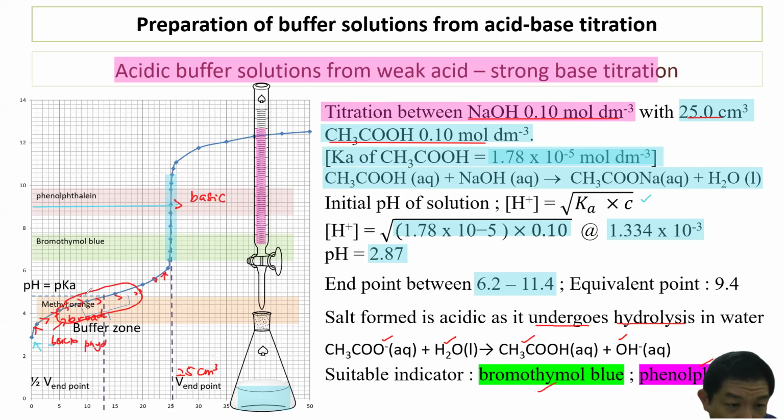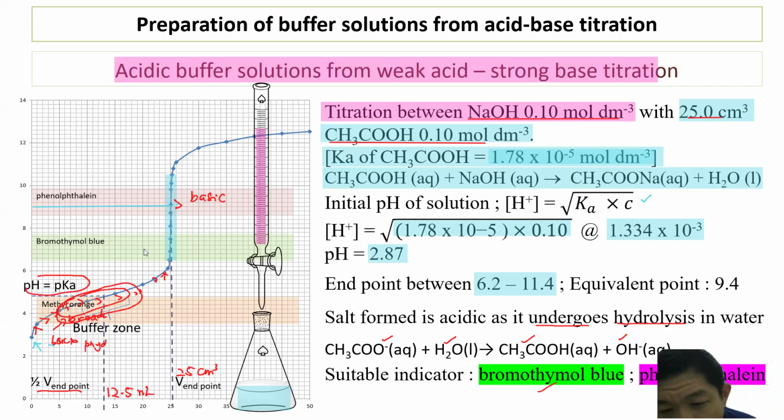So this is the buffer zone. It takes half of the endpoint volume for the titration. That means it takes 12.5 milliliters for it to form a buffer solution. This is where pH equals pKa, at half of the volume, where pH equals pKa here.